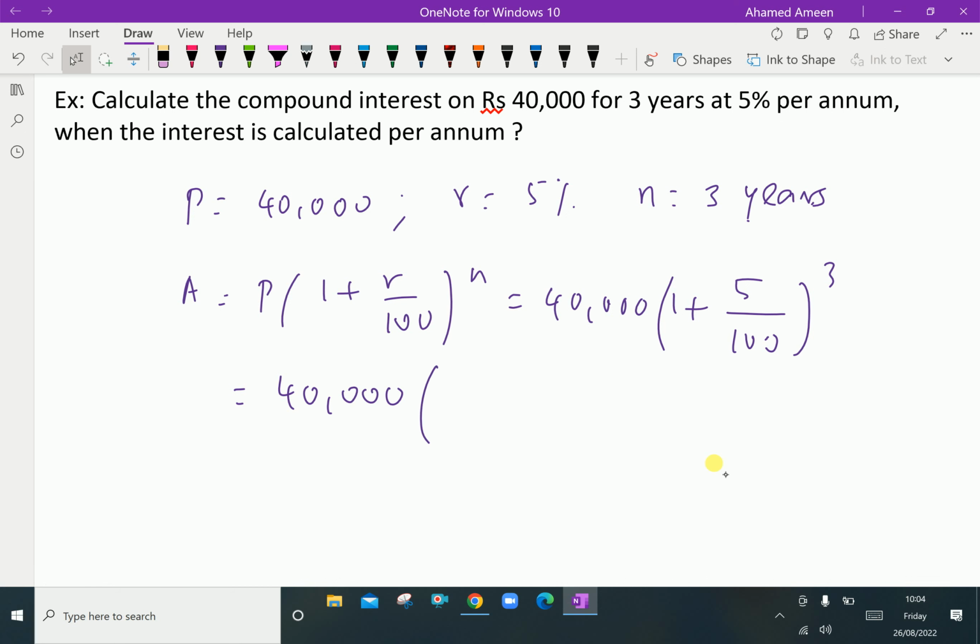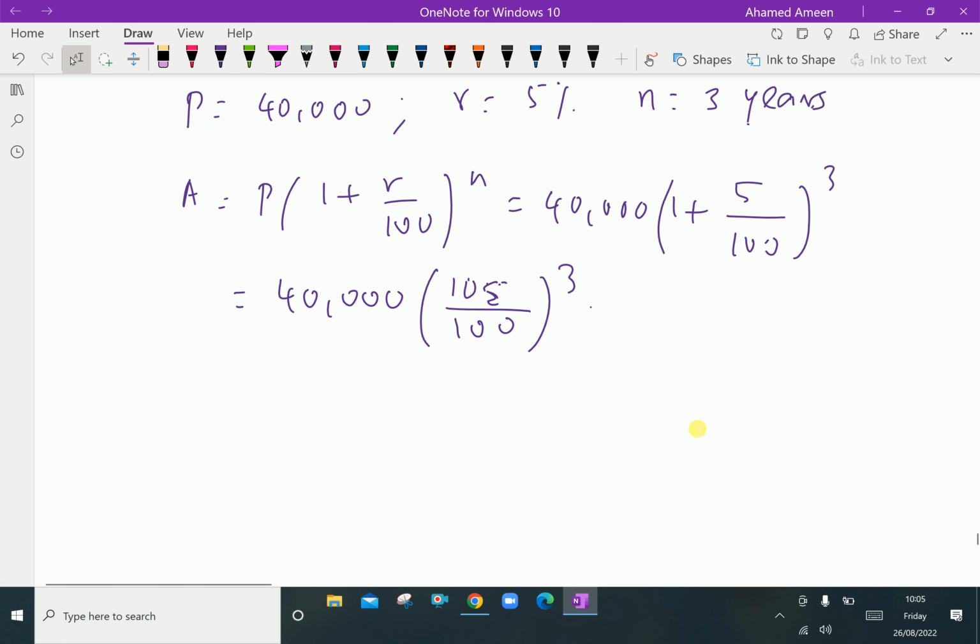Which is equal to 40,000 into 105 over 100, power 3.